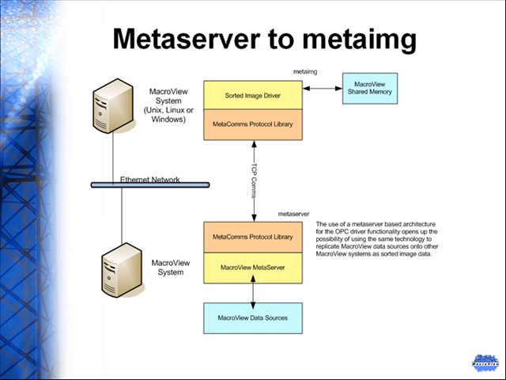It will appear on the destination MacroView system as a sorted image driver and update live. On the source MacroView system, it can be any of the PLC drivers or the sorted image drivers. So they could use it at Laminex if they wanted to get information from the new dryer, from the old SquareD.